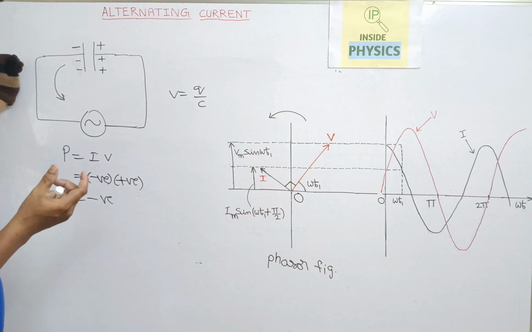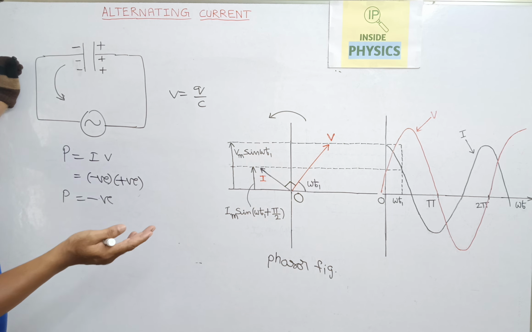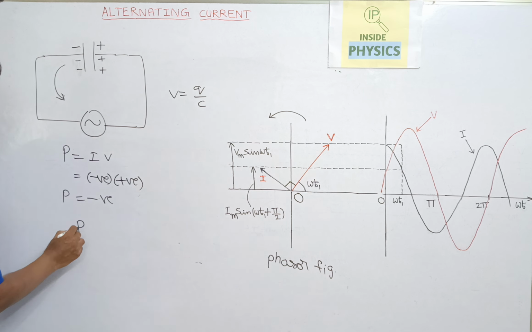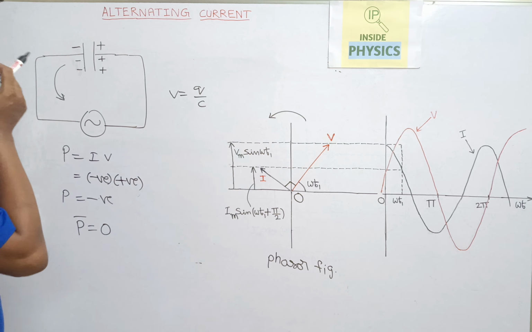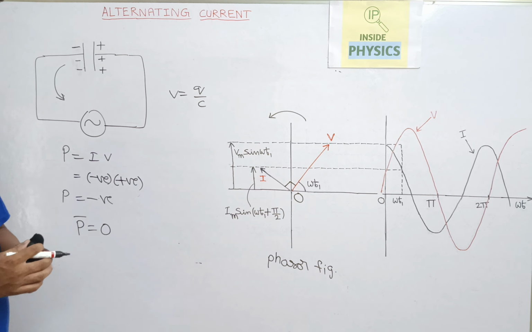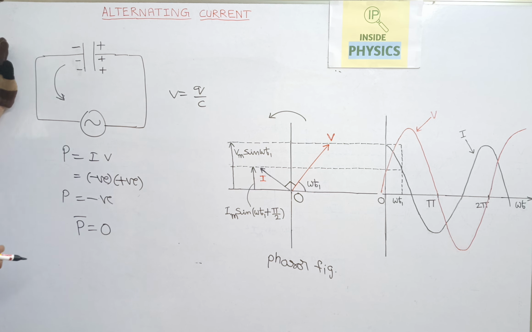On an average, the power consumed is equal to 0.